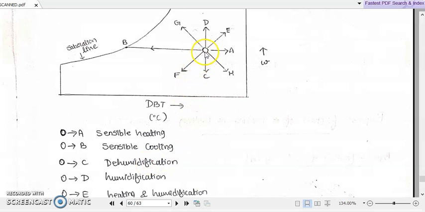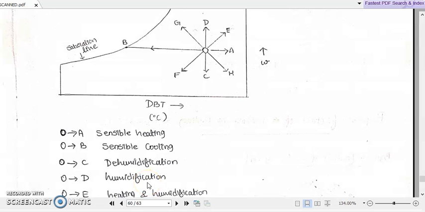In the same way, if you draw a line vertically upwards from O to D, O to D represents the humidification process. That is, there is only an increase in the humidity content, with no change in the dry bulb temperature. So this line O to D represents humidification, or addition of water vapor content.